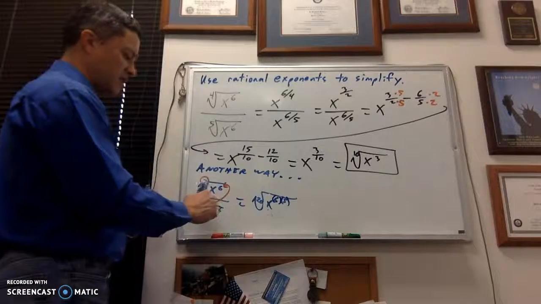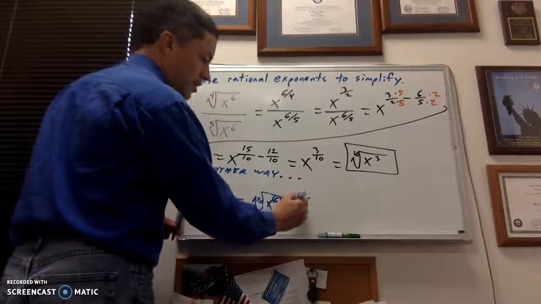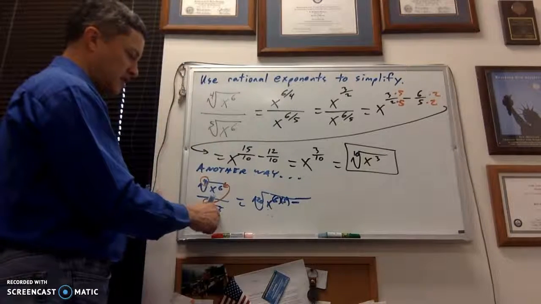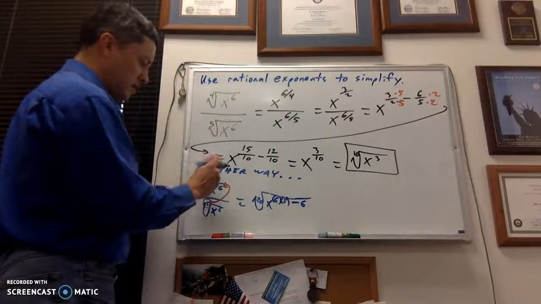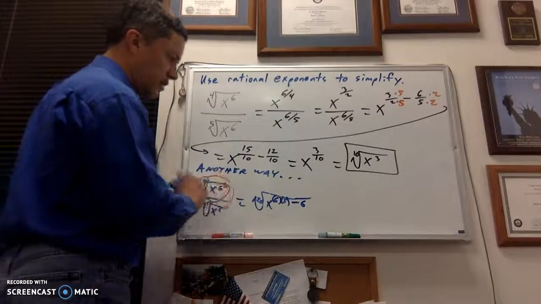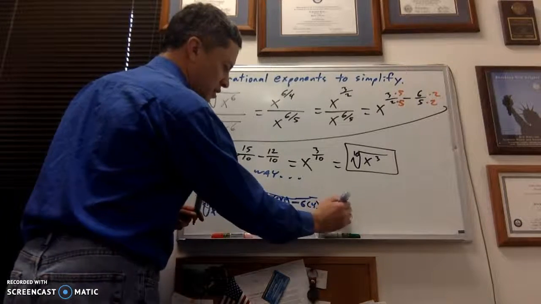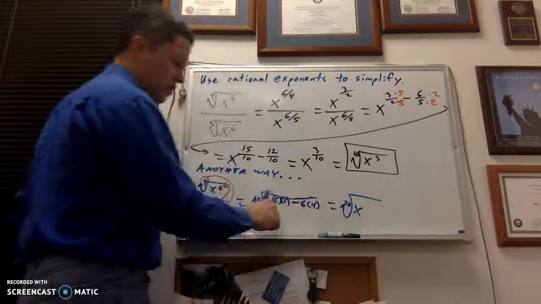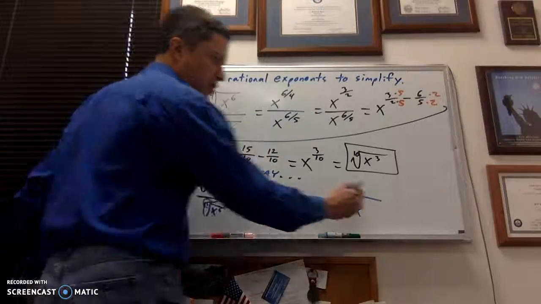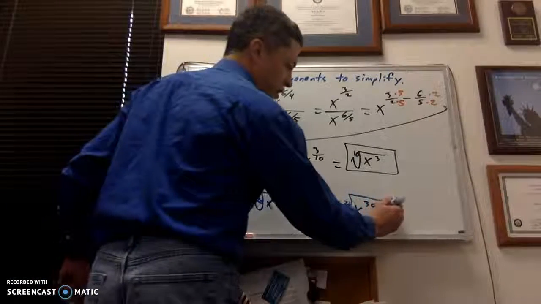It's going to be x to the 6 times the 5, and since we're using the quotient rule here, we're going to subtract this 6 in this exponent here times the index of 4. In other words, we're going to be talking about the 20th root of x to the 30th, right? 6 times 5 is 30, minus the 6 times 4, which is 24.